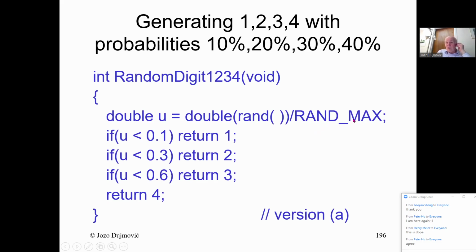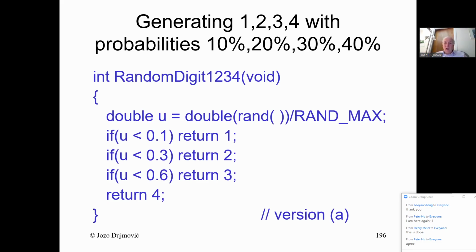RAND max is a constant that is stored in the same library as RAND, so you just divide RAND by RAND max. When you do that, you get u, which is a uniform random number between 0 and 1, a real number in that interval.